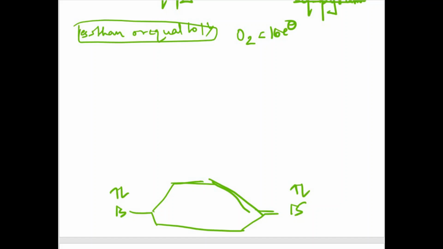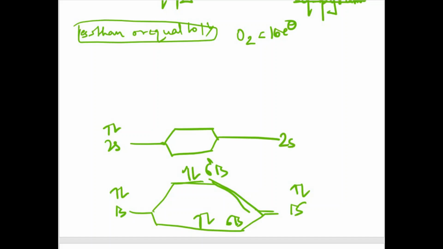O2 means 16 electrons: sigma 1s, sigma star 1s. 2s will also have sigma 2s and sigma star 2s, correct? And there will be a 2p orbital, so I said 16 electrons, so the sigma should be below and the pi should be above.